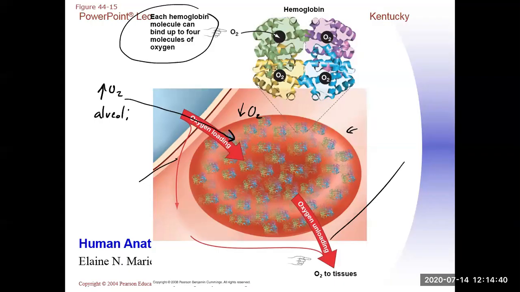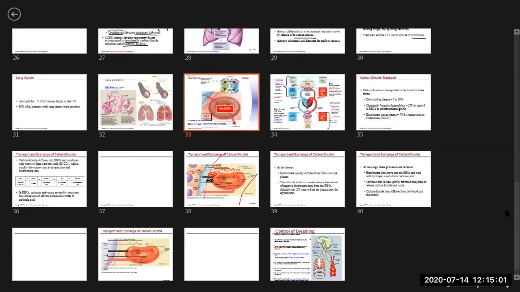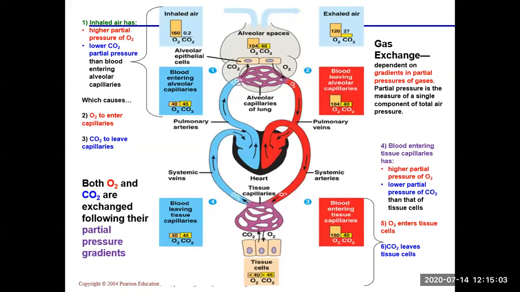When you're coming towards the tissue, the opposite will happen. In other words, now you have a lot of oxygen in the capillary, and in the tissues you have a low amount of oxygen. So basically, it's going to look like this. Here's the alveolar.